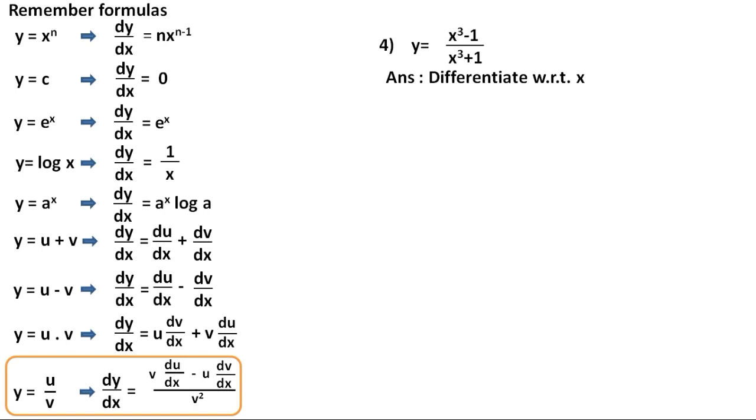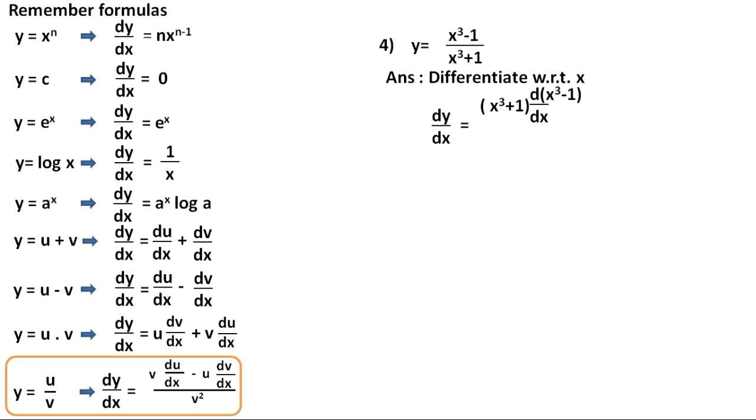Now applying this formula in our question, let's see, dy upon dx is equal to, see, v into du upon dx. Now v is what? x raised to 3 plus 1 and u is what? x raised to 3 minus 1. Therefore in bracket x raised to 3 plus 1 into d upon dx of x raised to 3 minus 1. Right?